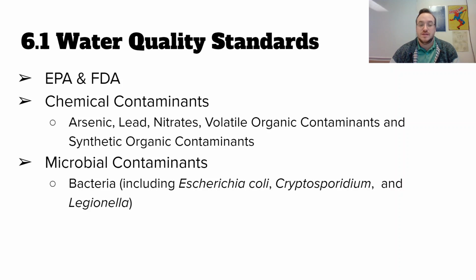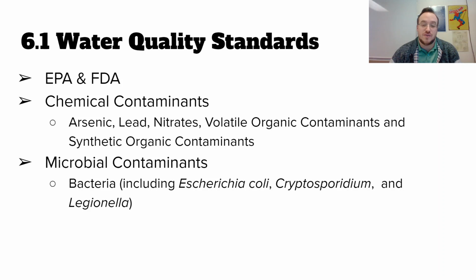But primarily, we are going to test for a few different things. Chemical contaminants and microbial contaminants are the biggest threats to our drinking water. So chemical contaminants, we're talking chemicals. Arsenic and lead are primary pollutants that, when they get into the drinking water, can affect the health of individuals.